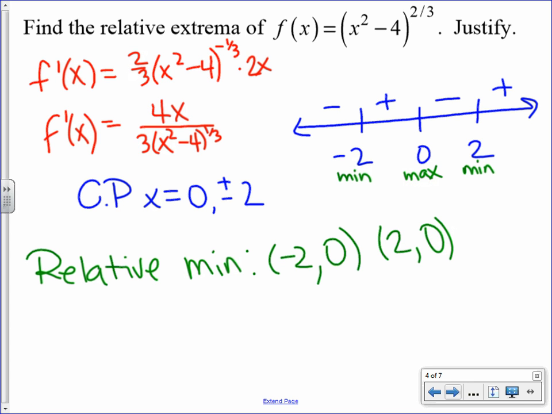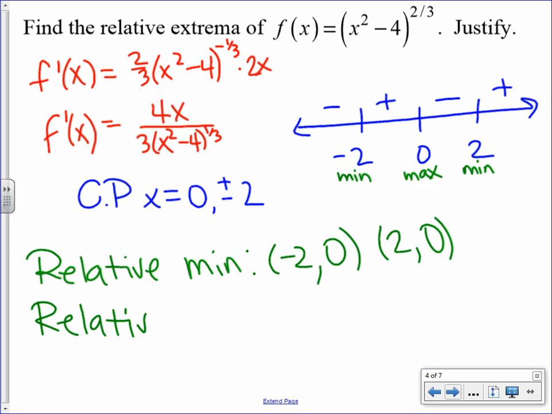Because the derivative goes from negative to positive. Okay, very good. John was mumbling it, just say it louder. Because those aren't intervals, those are coordinates, x, y coordinates. Mins and maxes will always be coordinates.